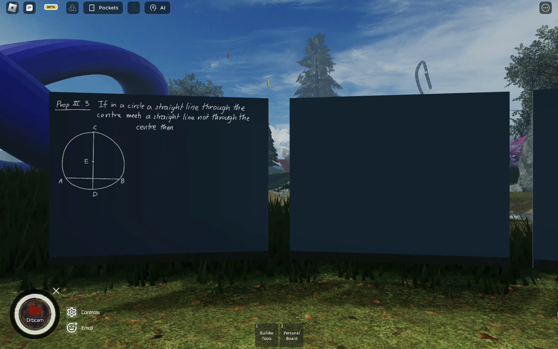Then the former line bisects the latter. So the line CD bisects AB if and only if it cuts it at right angles.